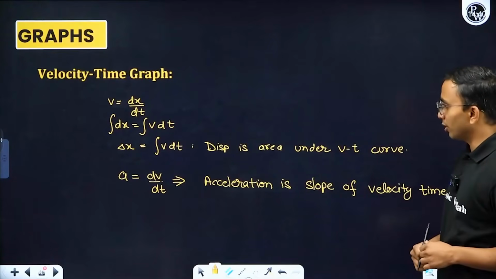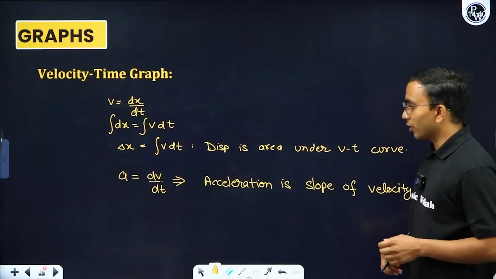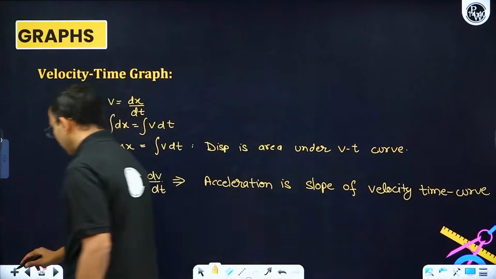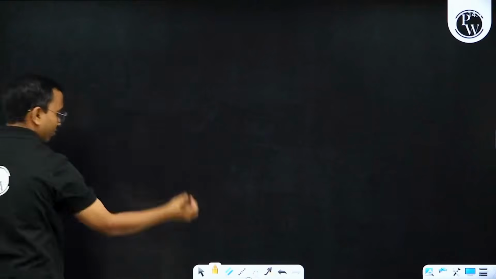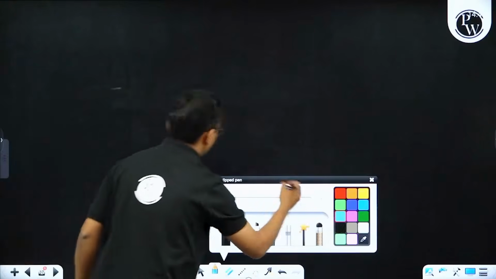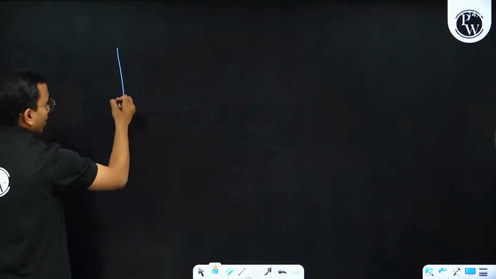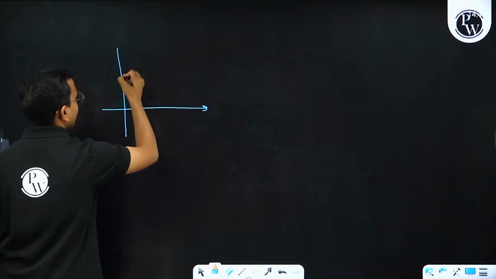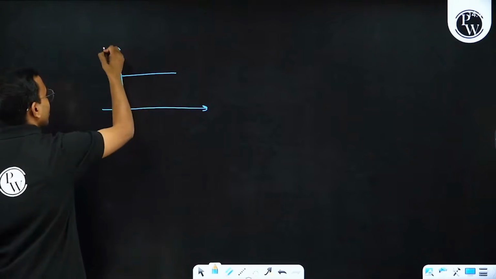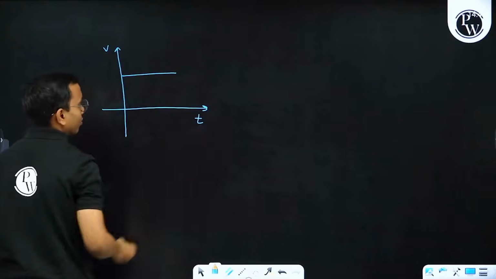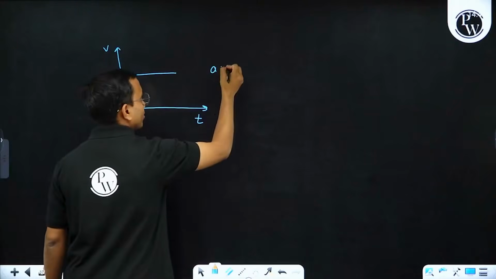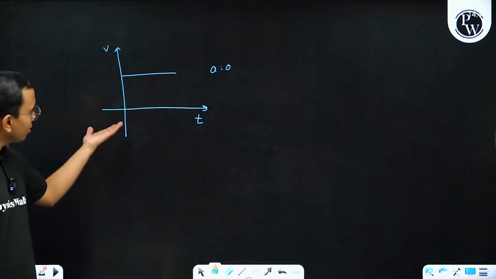Let us take a case where the velocity is constant. If the velocity is like this, what will you say? Acceleration is 0, isn't it? Because the slope is 0.